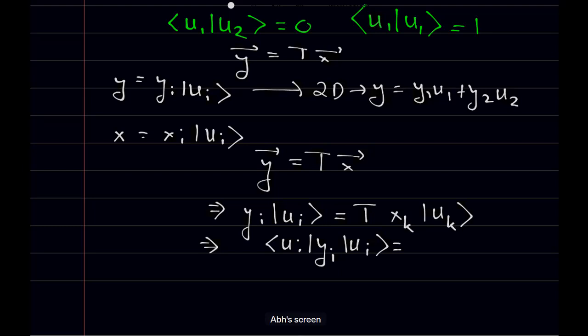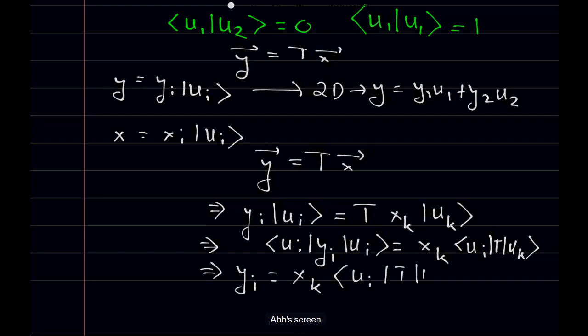On this side, xk is a simple number, so it goes out, but ui, t, and uk remain. Now on the left hand side, yi goes out and you just get 1. On the right hand side, xk stays out and you get ui t uk.